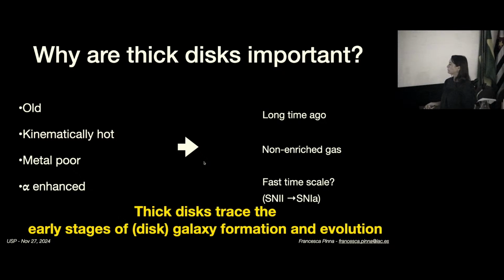So these properties and these ideas actually tell us that thick disks were among the first structures to form in a galaxy, or at least their stars were formed at the very early stages of the formation and evolution of a disk galaxy. And therefore, they are very important because to understand the evolution of these galaxies, we need to understand also thick disks, which trace the early stages of the history of these galaxies.